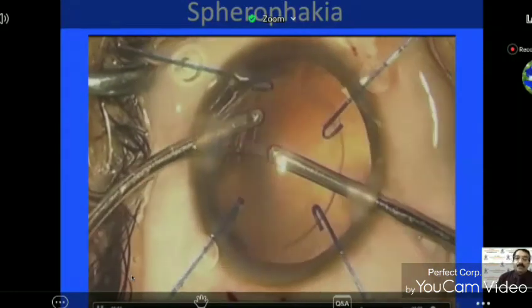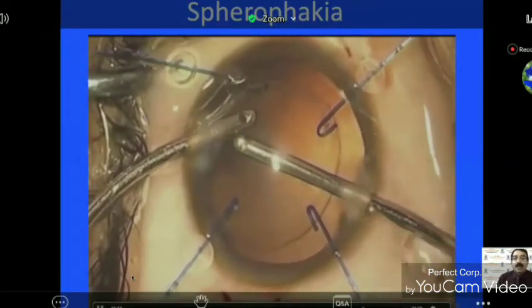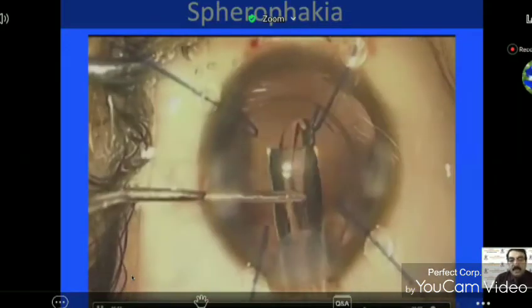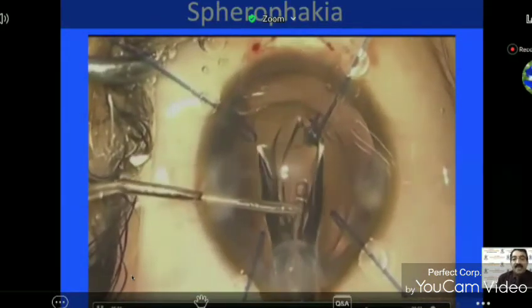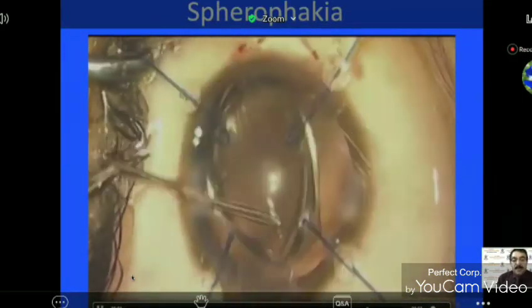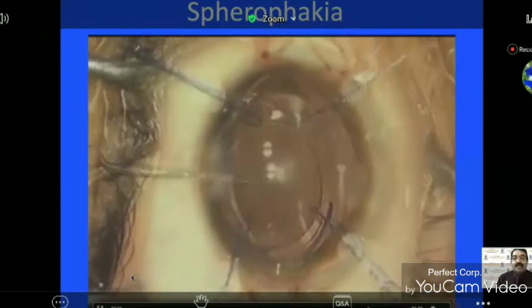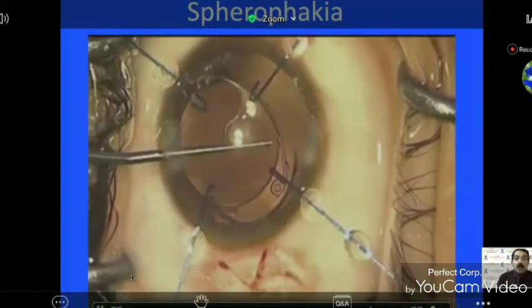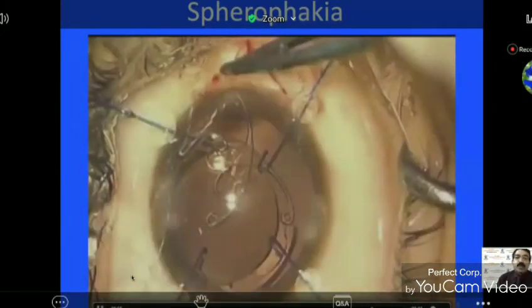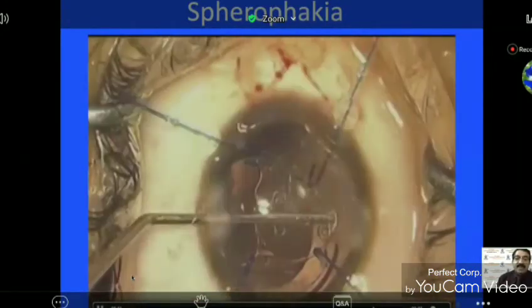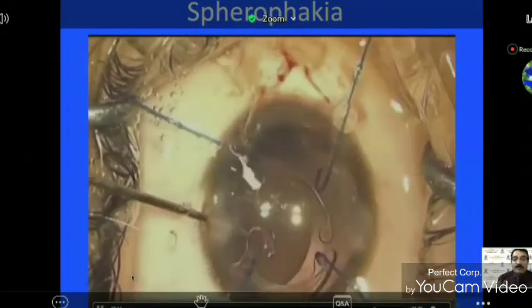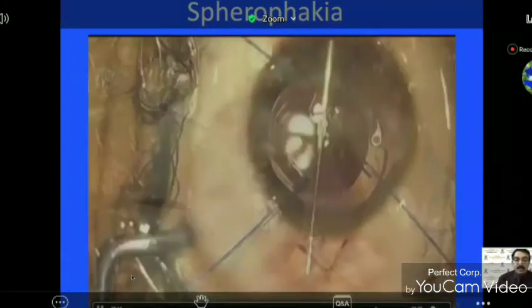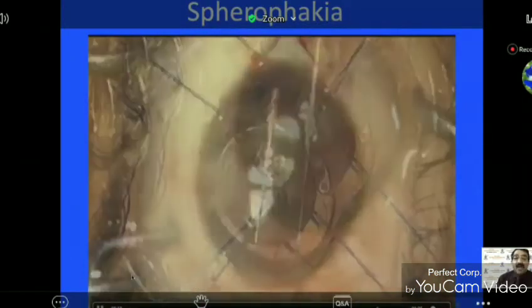After that, it's relatively simple. The difficult part is making the lens, the intraocular lens, and we place it right inside the bag. And as you can see, it's a small bag, and you can see the folding of the haptics right inside. And what we have done is we are holding the bag with the iris hooks.